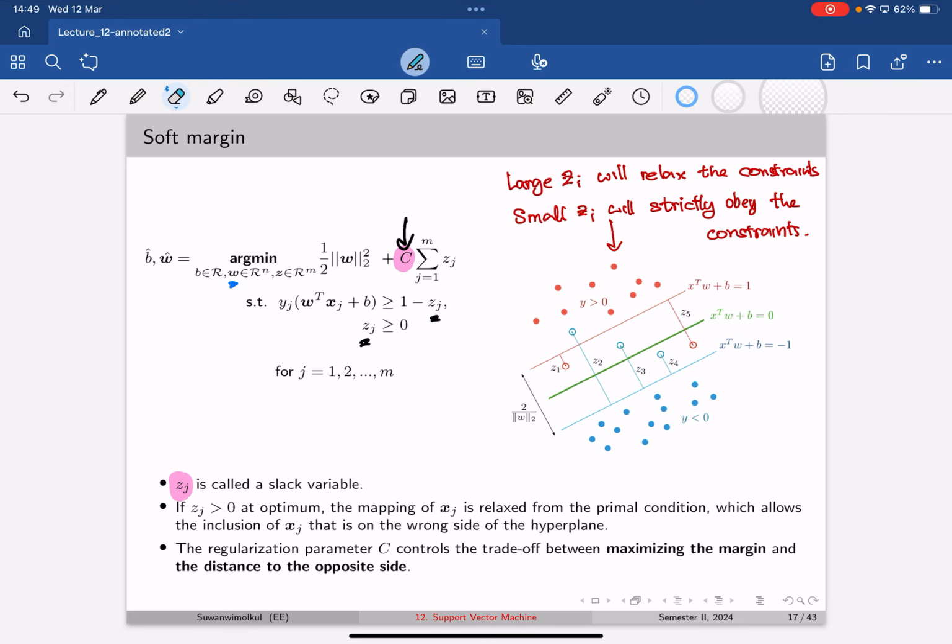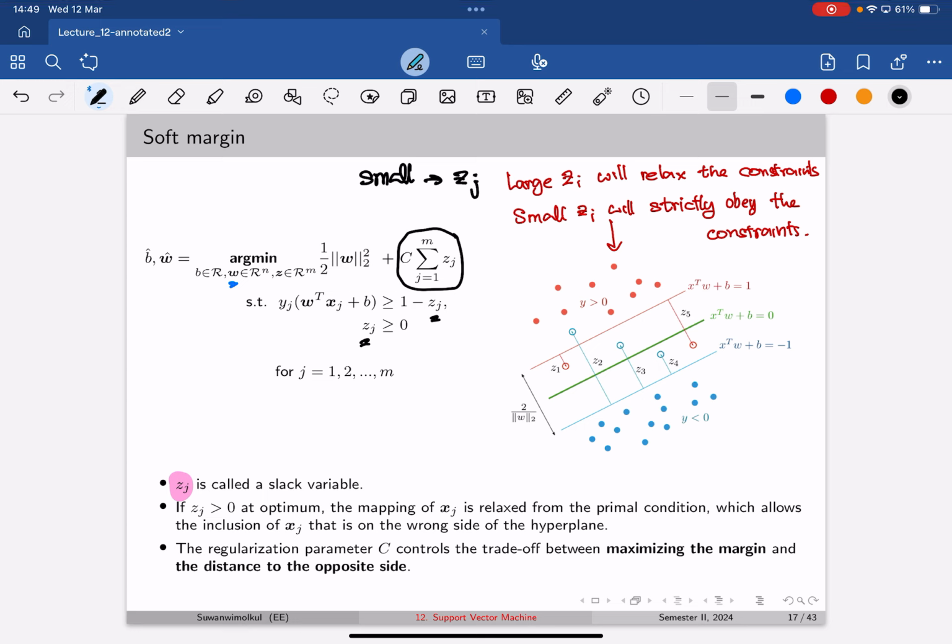Okay, let us consider the case where this entire term is very small. And it is small because of ξj, right? If ξj is small, this means we go back to the original SVM, where you don't allow any points to cross between the classes.